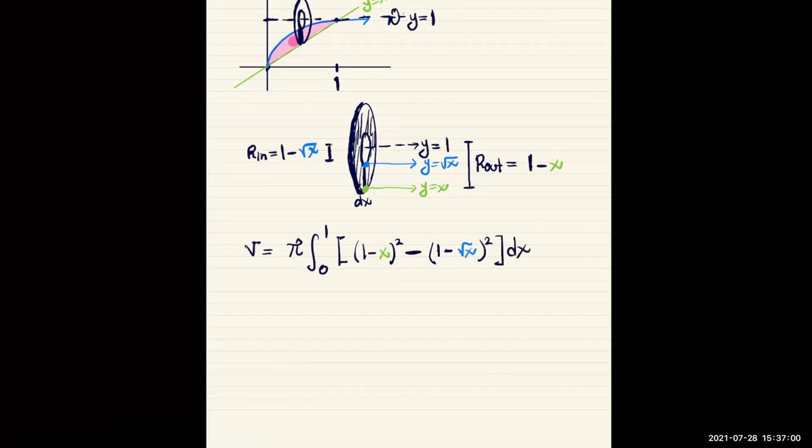There you go. That's your volume integral. Outer volume minus the inner volume expressed as one integral.